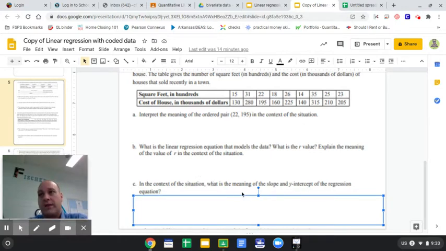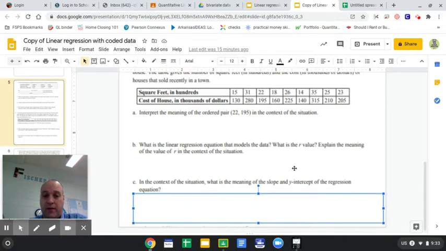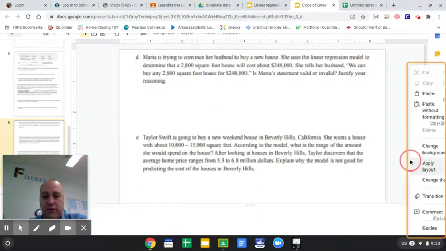And when the size of the house is equal to 0 square feet, which is the y-intercept, the model says that it's going to cost $4,625, because that's the y-intercept. Okay? So I pretty much just gave you the answer to that one.